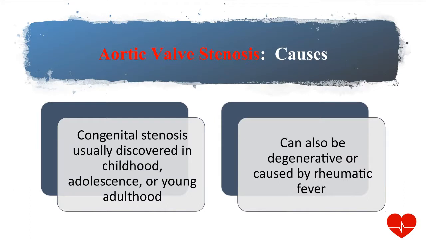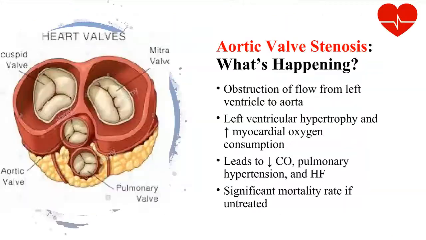It can also be degenerative, or it can be caused by beta hemolytic streptococcus, which results in rheumatic fever. The aortic valve has three leaflets, and the problem is that we have decreased flow because the valve is narrowed. So we don't have as much blood coming from the left ventricle through the aorta.